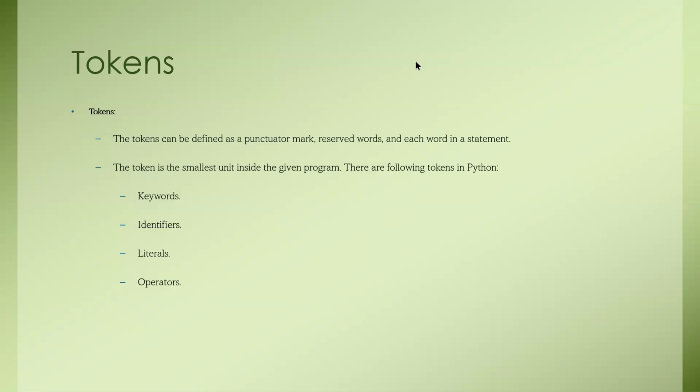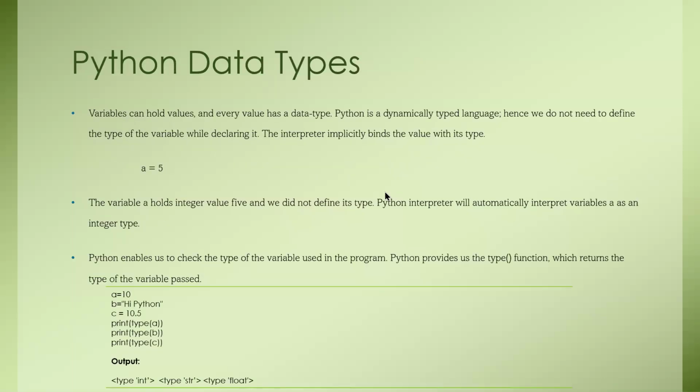As we discussed already, a Python variable holds a value, and every value has its own data type. How the data type is identified: by default, it depends upon the initial value. For example, let's say we assign a value, five, to a variable a.